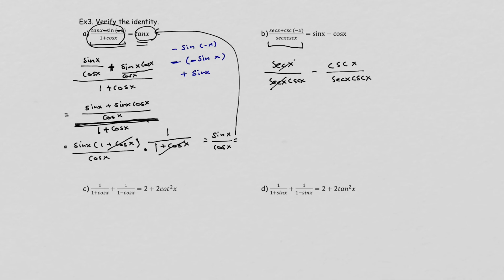When you get rid of common terms, you only get 1 over cosecant x minus 1 over secant x remains, which is the same as sine x minus cosine x.